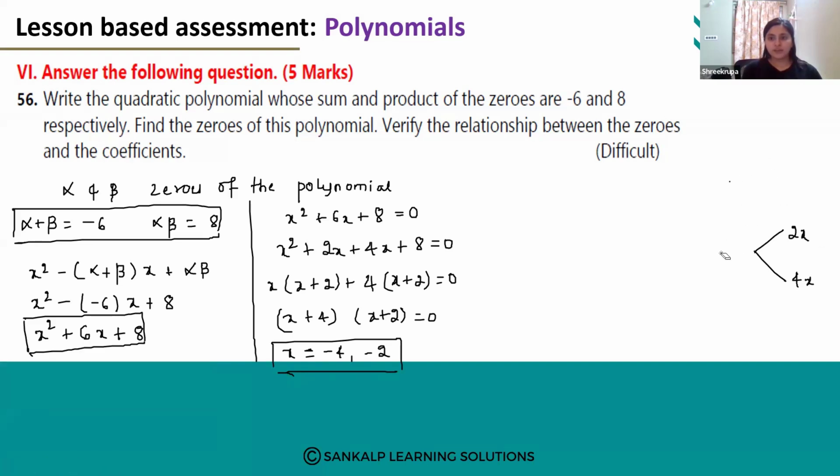Now we have to verify the relationship between the zeros and coefficients of the polynomial.